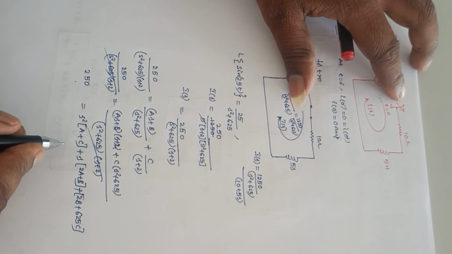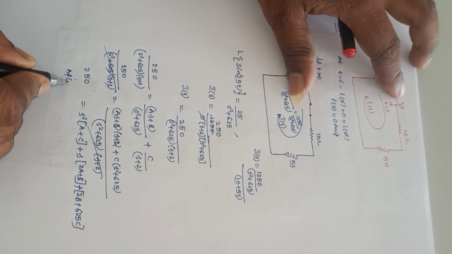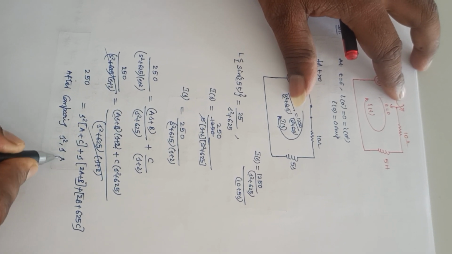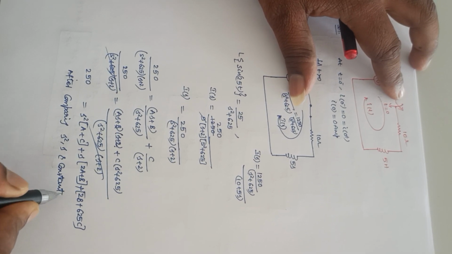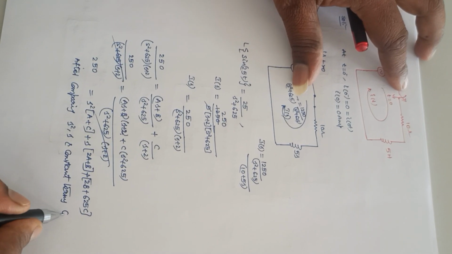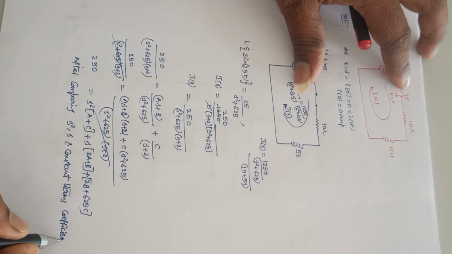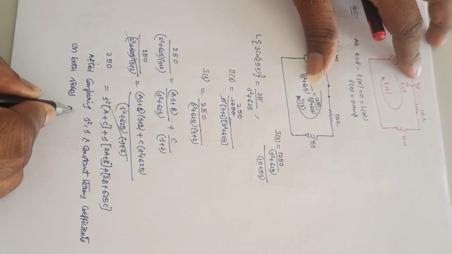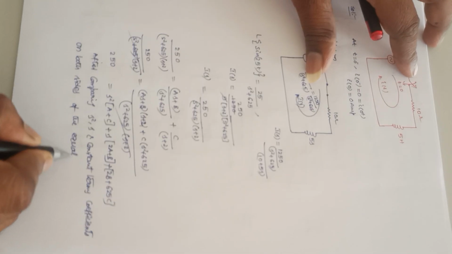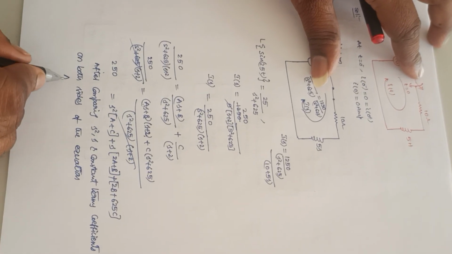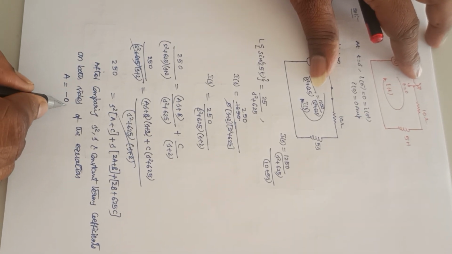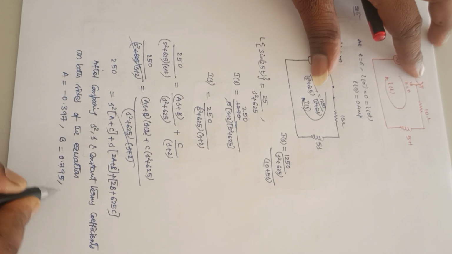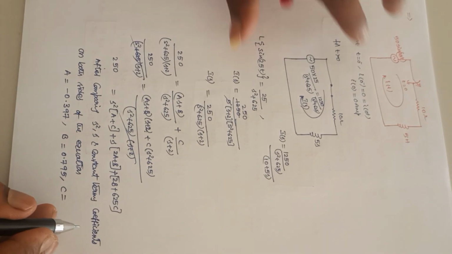So after comparing the s square, s and constant term coefficients on both sides of the equation, the a value we get is minus 0.397, b value is 0.795 and c value here is 0.397.